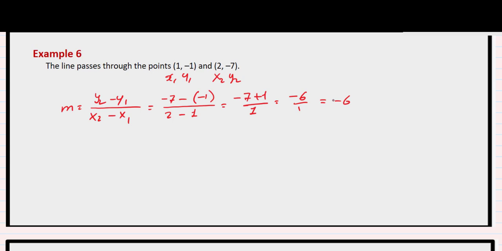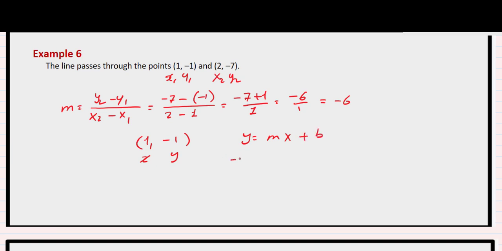Now we have the slope, so we can find the y-intercept. We can just select one of the points. Let's take one of the points, 1 and -1. It does not matter which point we pick, as long as we pick one of them. This is the x value, this is the y value. Again, we can say y equals mx plus b.